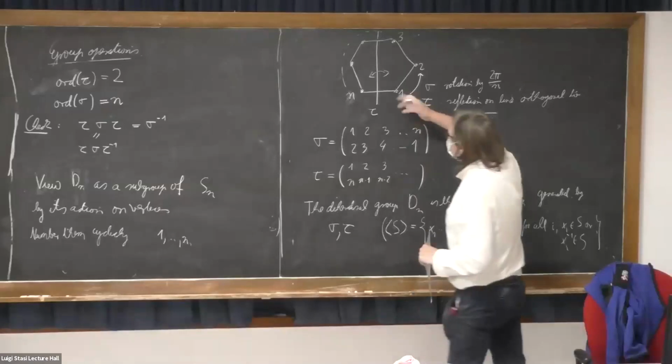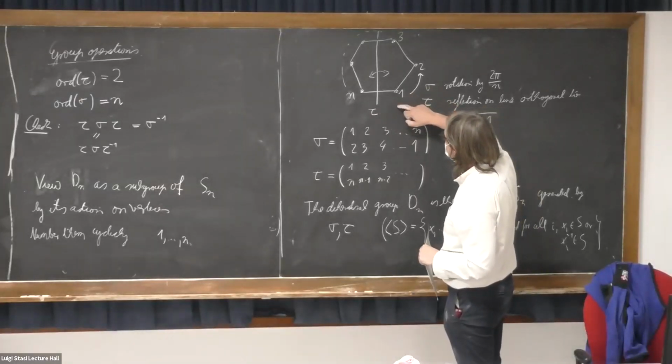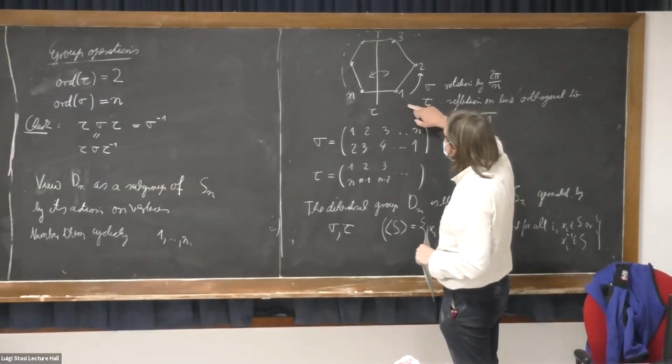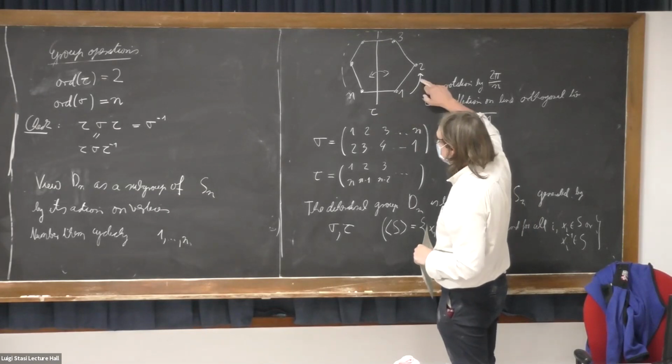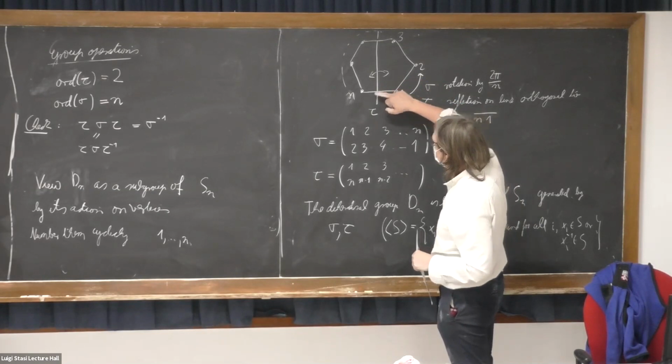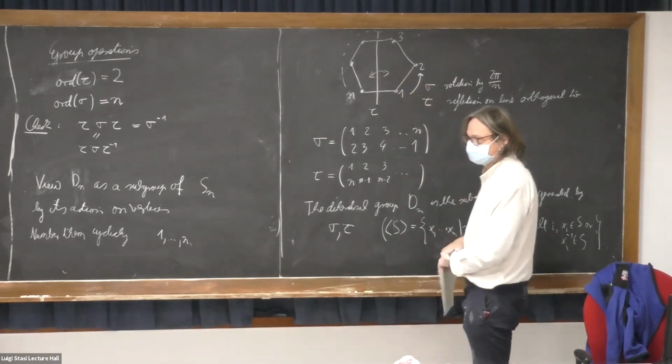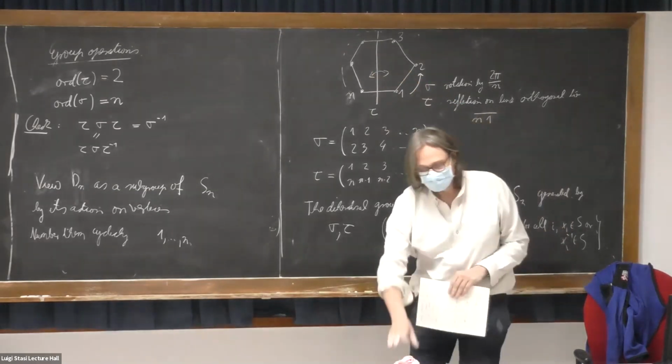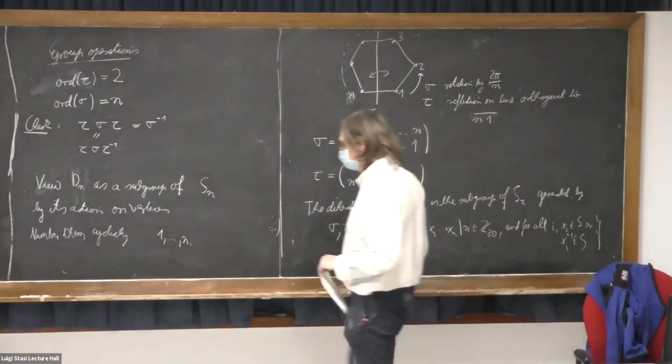So somehow, you can see it here: if you first reflect, then you rotate, then you reflect back, then you will have rotated the other way around. And anyway, it also follows from this.